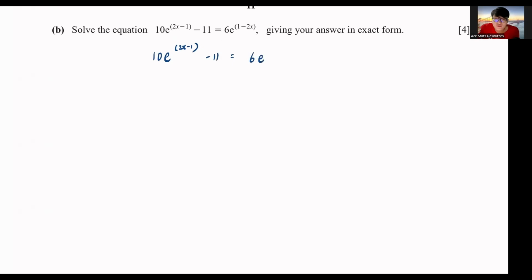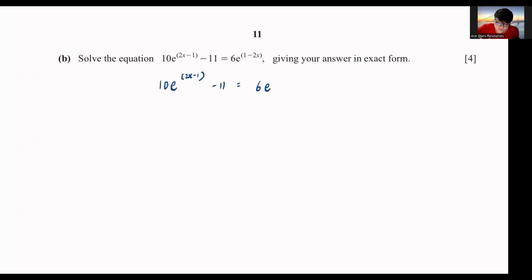In order to make sure this one will look like this, all you need to do is to just take out the negative. So I factorize out the negative, so it will become minus 1 plus 2x. Rearranging them, you will realize that now it starts to look like 2x minus 1, but with a negative in front.